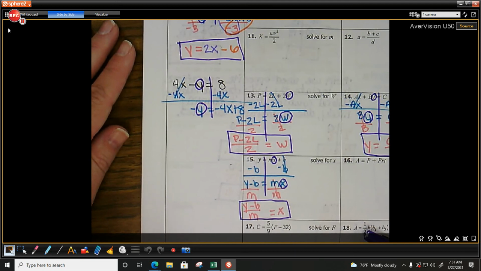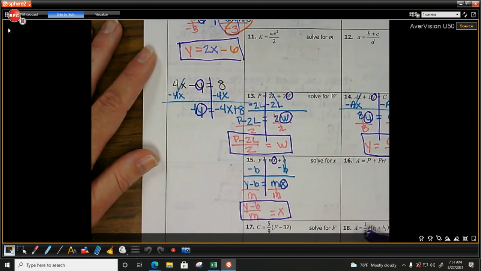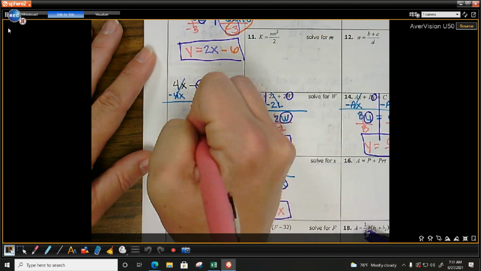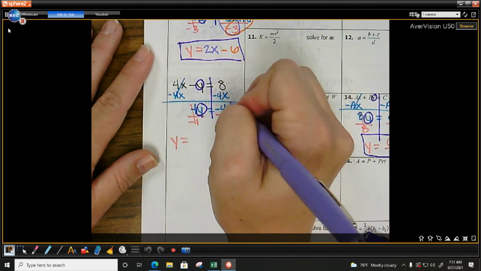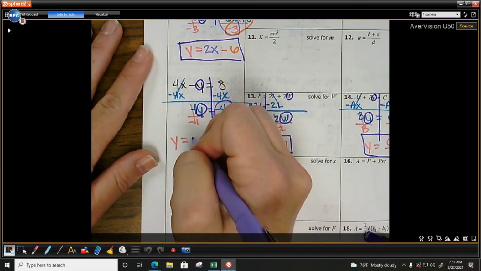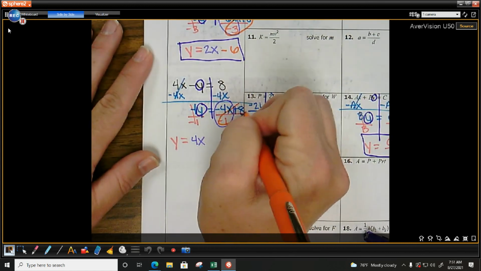If you have a negative there, that's like a negative 1. So I'm going to divide by negative 1. So then I get y equals, I'm going to divide both terms by that negative 1. So negative 4x over negative 1, 4x, and then I'm going to divide my 8 by negative 1, and I get negative 8.